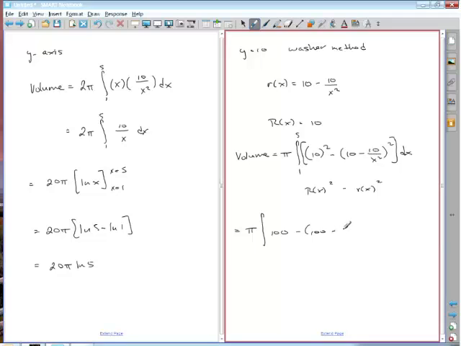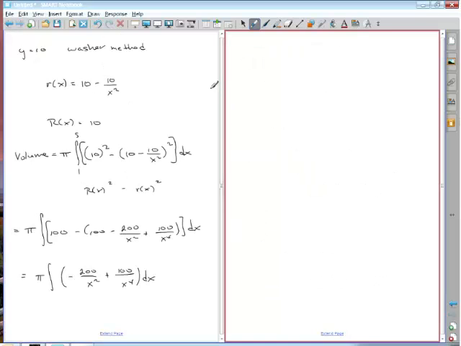So we'll have negative 200 over x squared, and then the last terms multiplied together will give us positive 100 over x to the 4th, all times dx. And you can see the hundreds cancel out, and so what we're left with is negative 200 over x squared plus 100 over x to the 4th, the whole thing times dx.